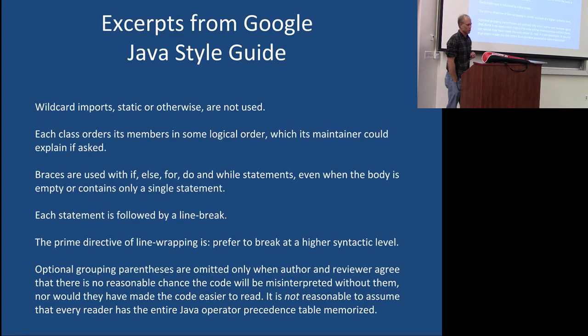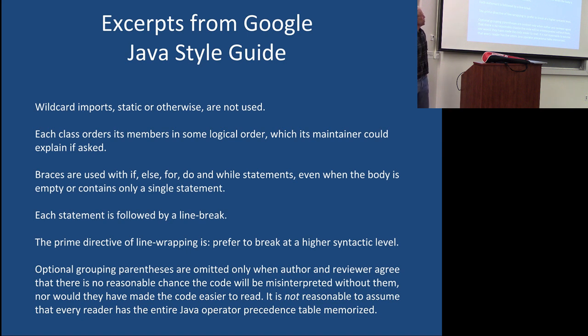But I just wanted to show you some excerpts from Google's style guide for Java. So these are things that they give their engineers. They say wildcard imports are not used. And what's a wildcard import? Asterisks. Right, you say import java.math.star. So for whatever reason, they don't want that. They want the dependencies to be explicit.